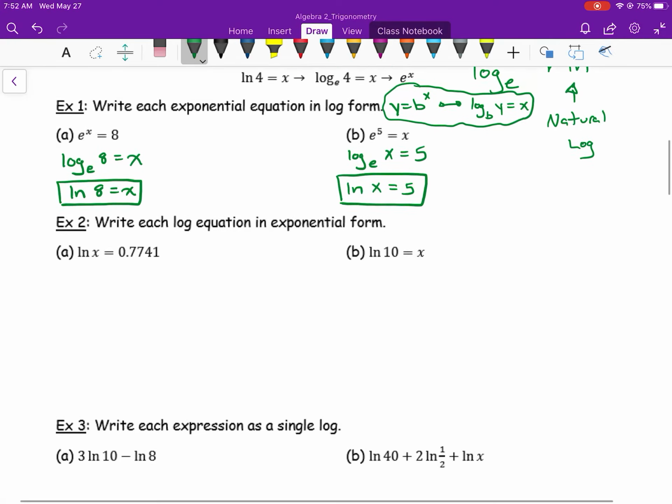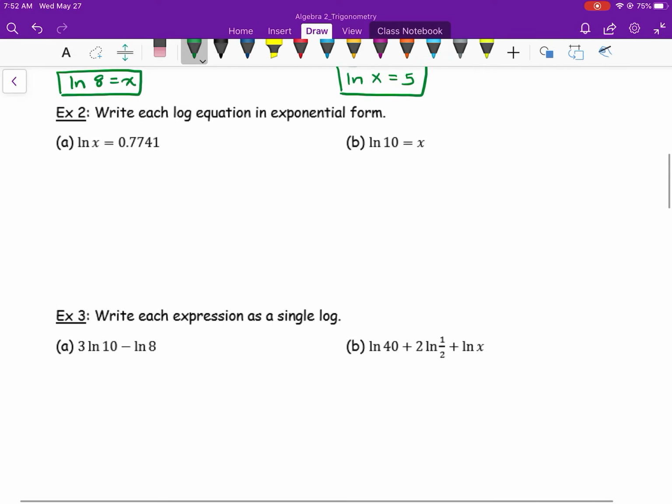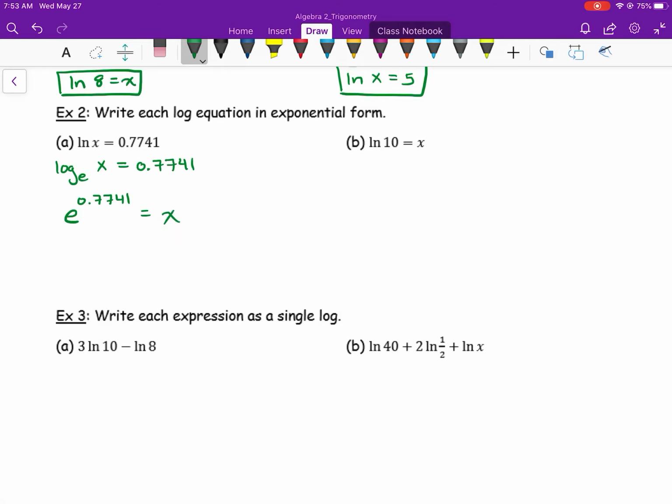Now we're going to take example 2. We're going to write each log into exponential form. So I'm going to write log base e of x is equal to 0.7741. So b to the x means we get e to the 0.7741 is equal to x. So again, that's my b, that's my y, that's my x.